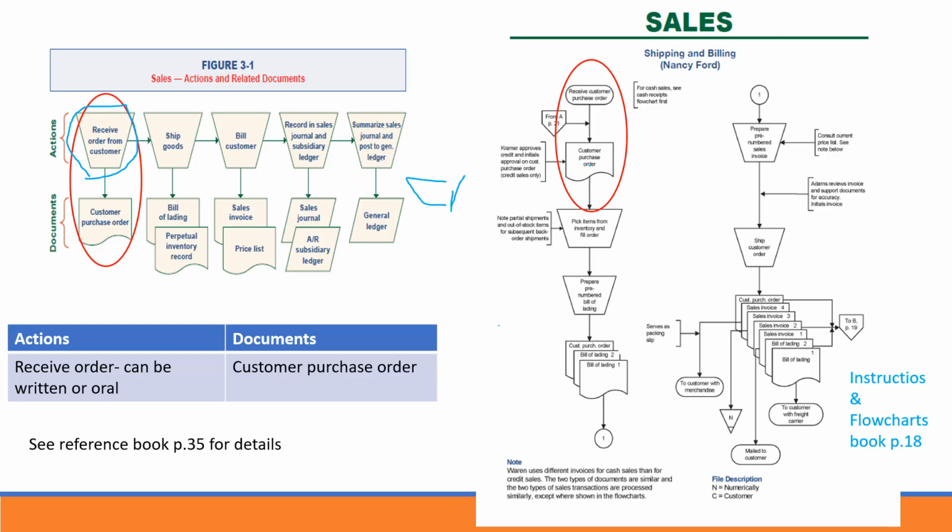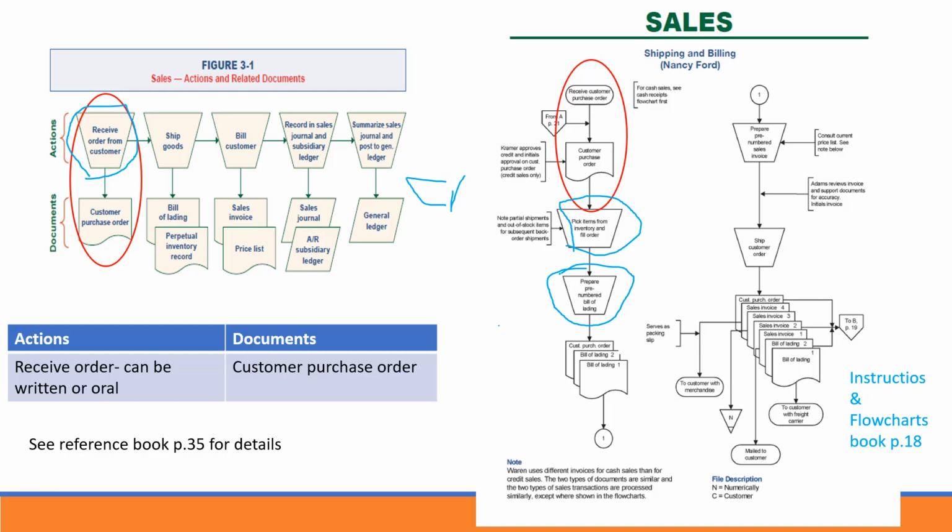Okay, so once it's approved, then the company will go to the inventory and pick up items from the inventory and fill the order. Sometimes you do not have enough items for the entire order. You can have partial shipment, and you may have out-of-stock items. You need to note that. Then after picking up the items, you prepare the pre-numbered bill of lading.